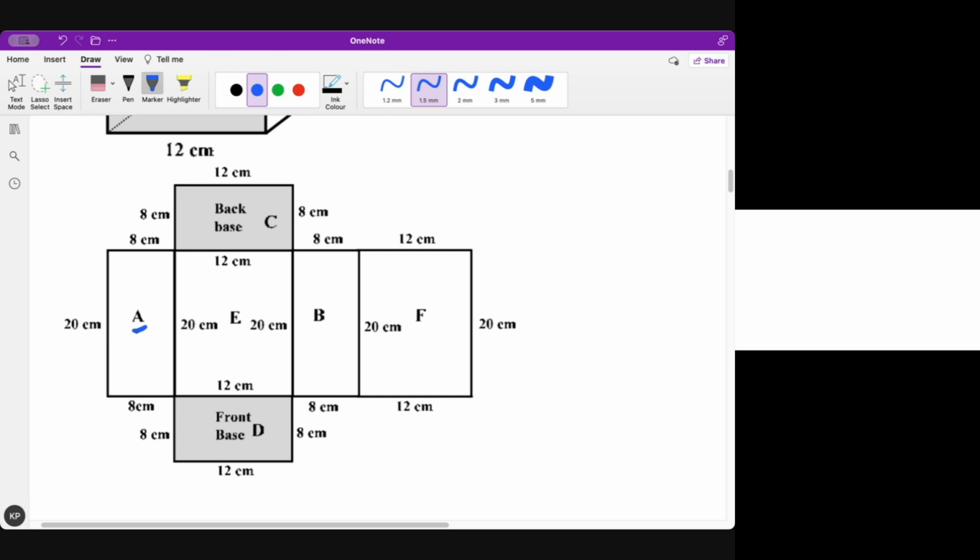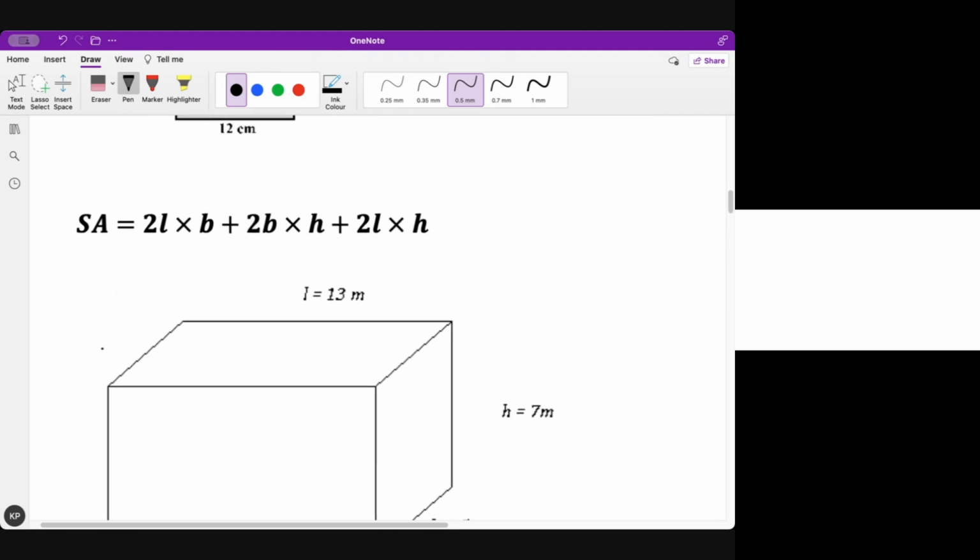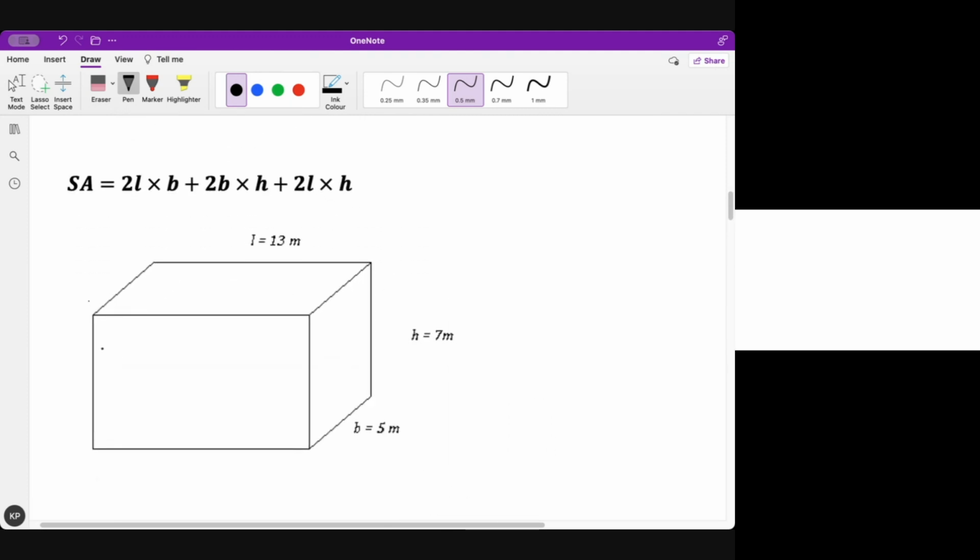So A would be the same face and dimensions and everything as B. And then C would be the same dimensions and size as D. And then E, which is actually the one at the bottom, would be the same as F. Because imagine if you were closing this, you would fold this upwards, and F would end up being the top face. All right. So to work this out, this is the general formula of a rectangular prism that is closed.